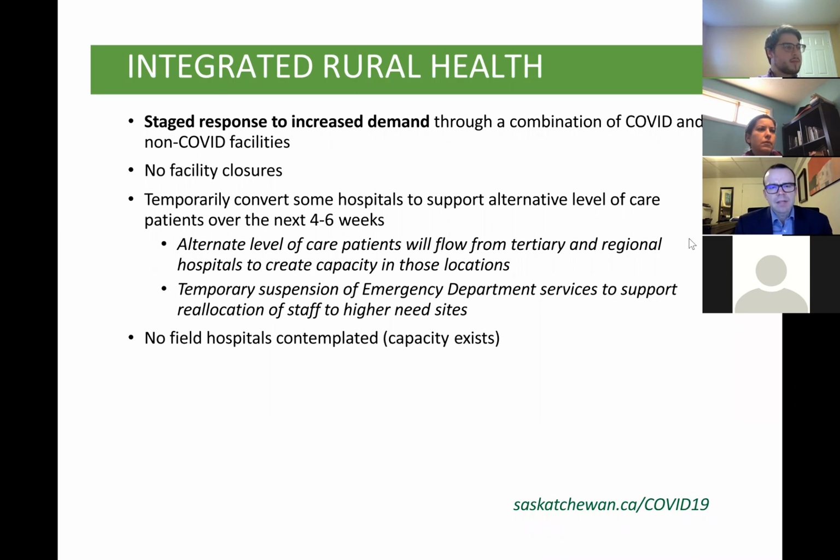That essentially allows us to take the nurses and physicians that were supporting these emergency departments and bring them into areas where they would support surge capacity, and have them get trained up on all the protocols and oriented to those new working environments, so that they can successfully contribute to a surge response. We're not planning any field hospitals in rural, because there's capacity already within the system. Next slide.